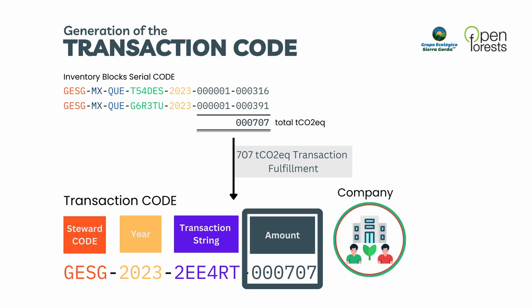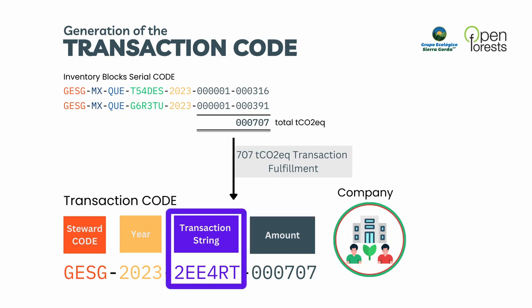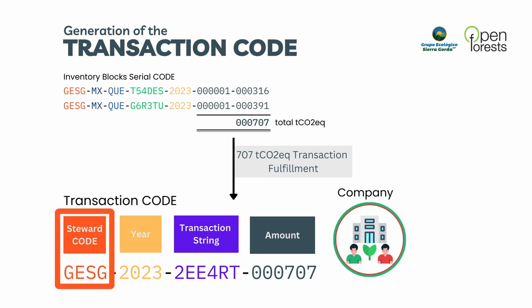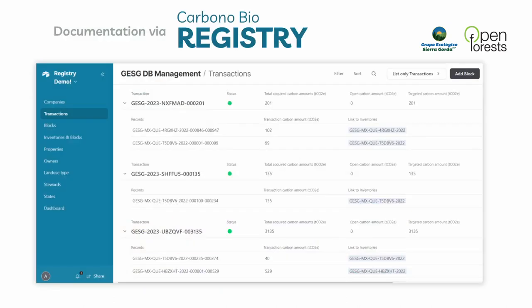There's a transaction string, so an ID that documents this specific transaction, a year when the transaction has taken place, and again a steward code. All of this, properties, stakeholders, inventories, companies, and the respective transaction are documented in the Carbono Bio registry.